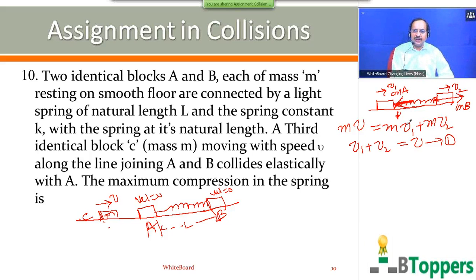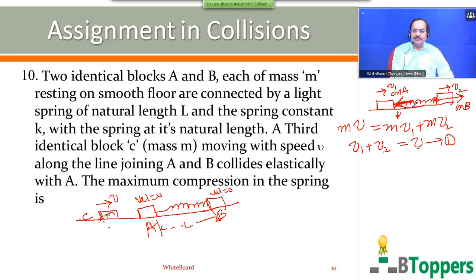So at one particular instant, v2 becomes equal to v1 because v1 plus v2 is a constant here, equal to v. So v1 decreases and v2 increases. At one particular instant, v2 and v1 become equal.